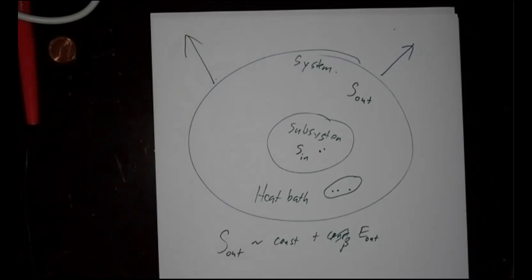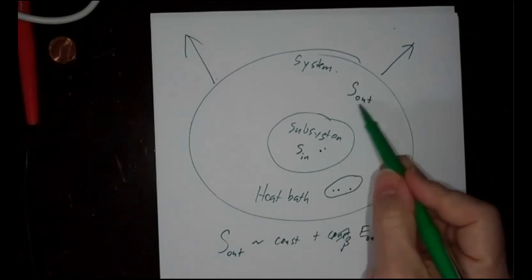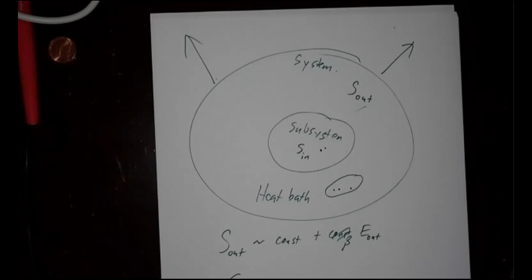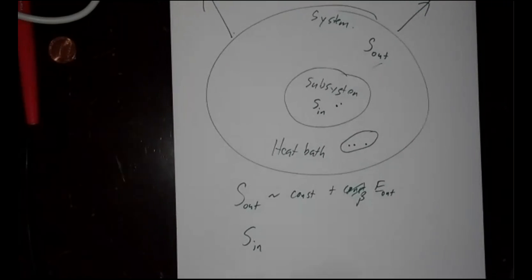And so effectively, if you're trying to maximize the total energy, that's the same thing as maximizing the total entropy. That's the same thing as maximizing the internal entropy plus beta times the external energy.